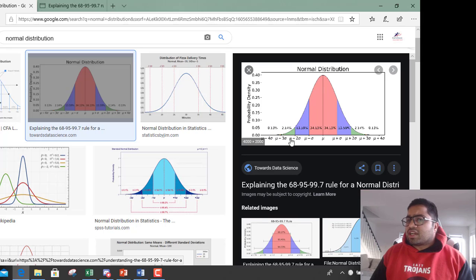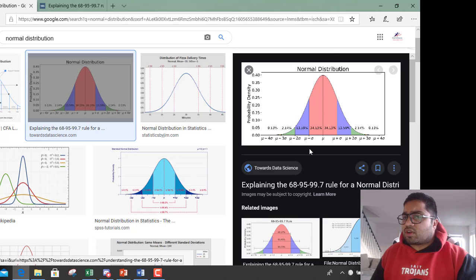There is a very low chance that observations will be away from the mean. So if you know the mean, most of the observations can be estimated around it, and there will be very few observations away from the mean.